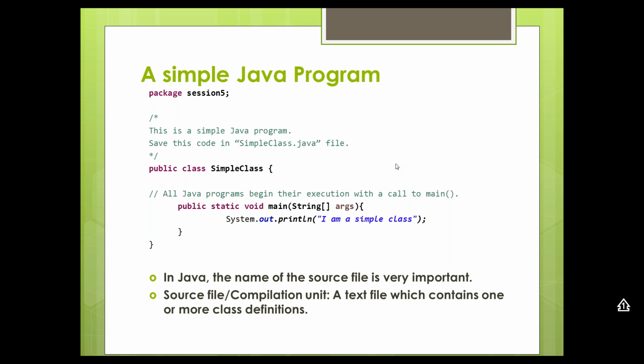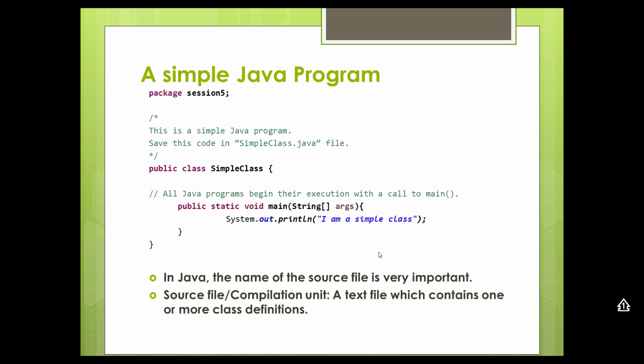But with respect to Java, a very important thing that you must remember is that when you save Java source code, the name of the file should match the name of the class you have defined, with the .java file name extension.